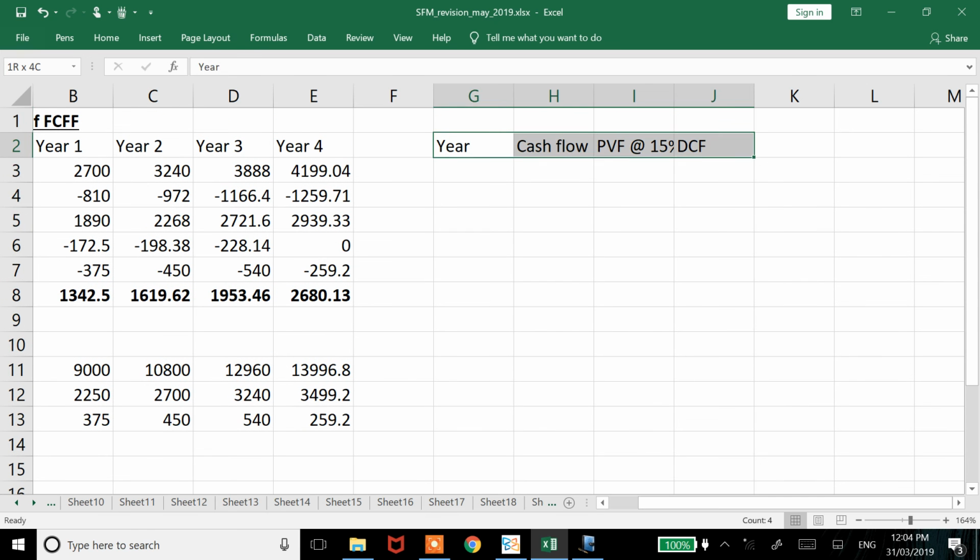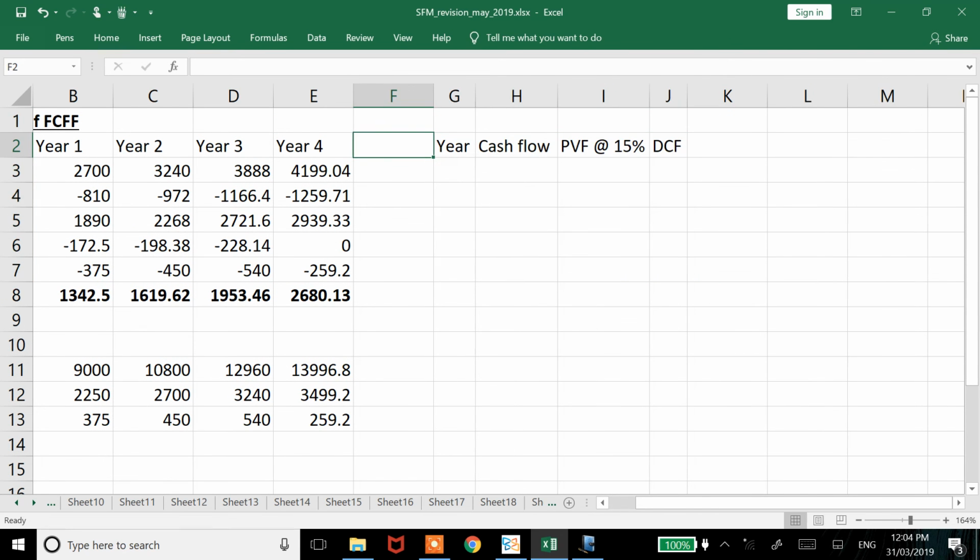Year, cash flow, PVF at 15% and DCF. First year cash flow.